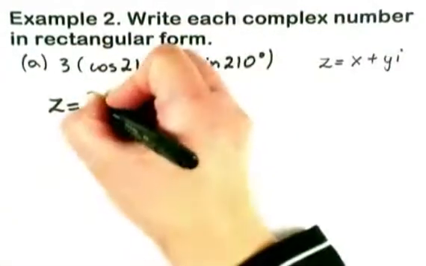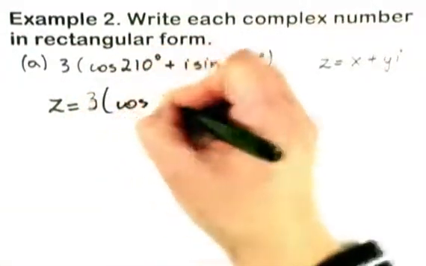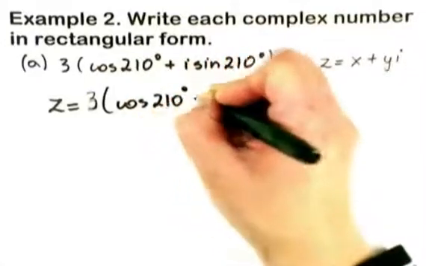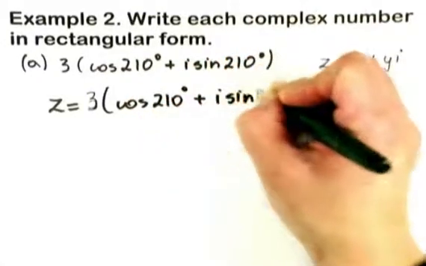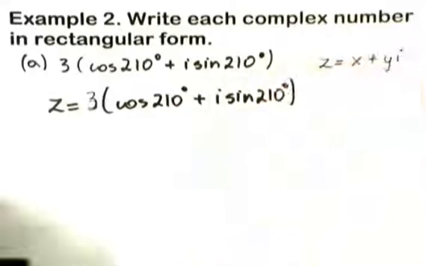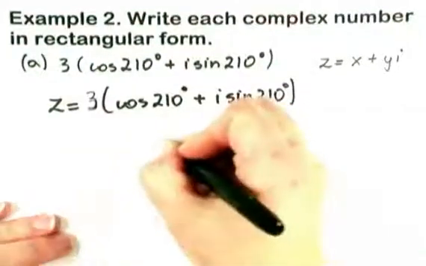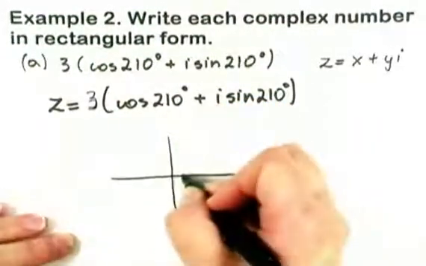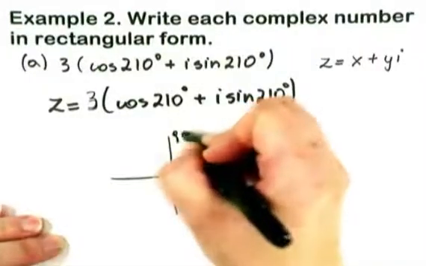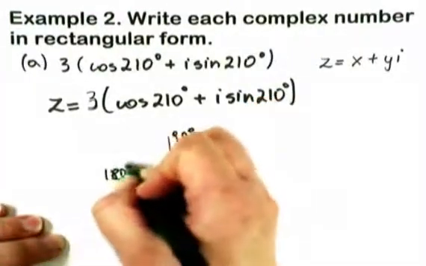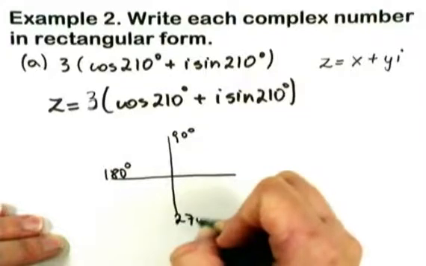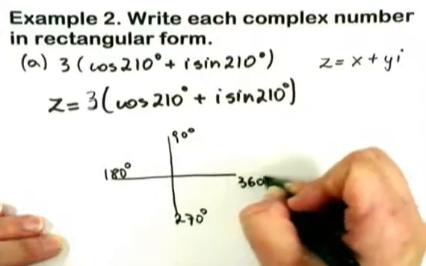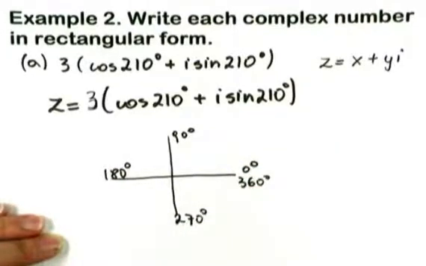So I have 3 times cos 210 degrees plus i sine 210 degrees. When I work this out, for cos 210, we can punch it in or we can find the exact value. If I keep going, here is 90 degrees, 180, and then 270 right here, and then 360, and we started with 0 as well.